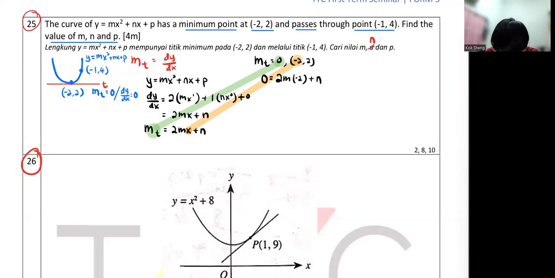Okay, so then open the bracket. 2 times negative 2 is negative 4. So this is your first equation: negative 4m plus n.